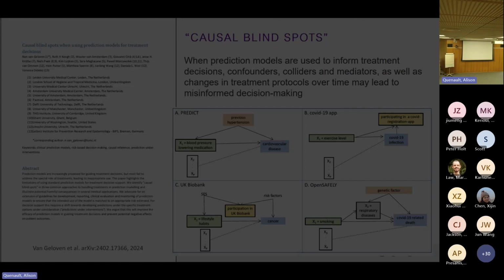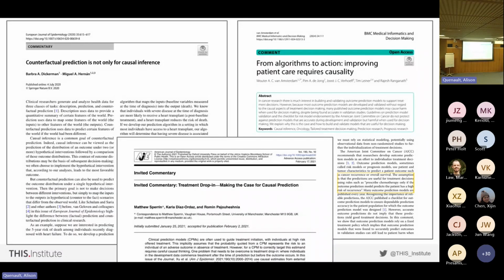These types of considerations have in recent years led to quite a few papers saying that when we talk about prediction modeling and risk prediction, we can't do that without taking causal considerations into account, without doing any causal inference. There's a paper from Miguel Hernan from a couple of years back.